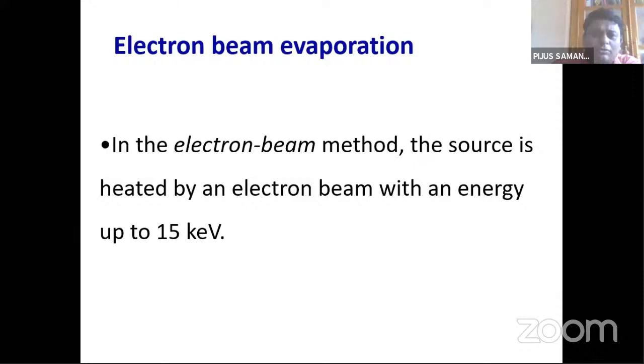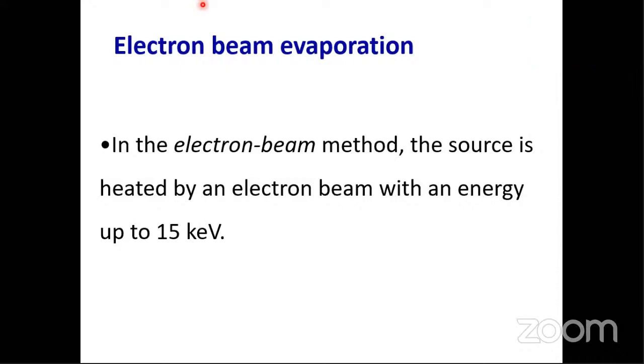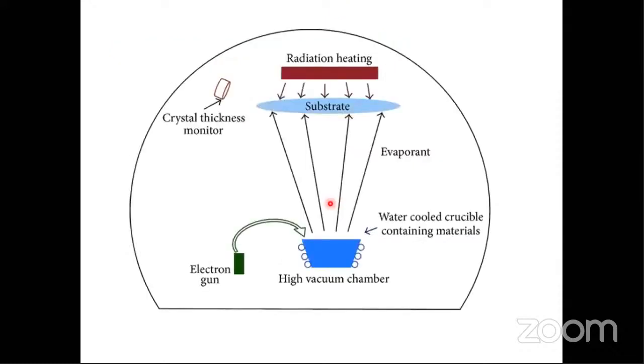So what is electron beam evaporation? In this case, the material is evaporated using an electron beam. An electron beam is allowed to be incident on the material, and the material gets evaporated and deposited over the sample. You see, this is a similar kind of structure, and obviously the entire system must be in a vacuum. Here is the container which contains the element to be evaporated.